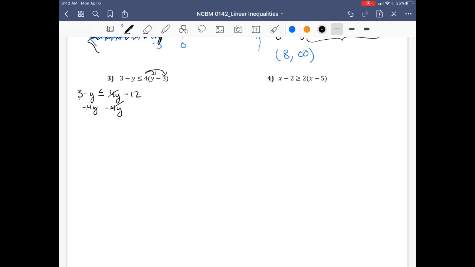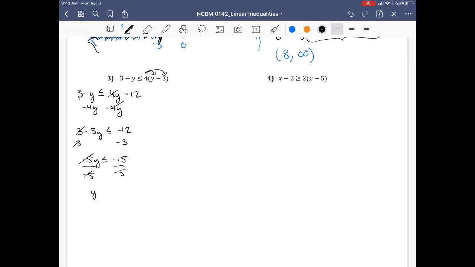I'm sending the 4y to the left to leave the y on the left by itself. So I have 3 minus 5y less than negative 12, minus 3. We have negative 5y less than negative 15, divided by negative 5.